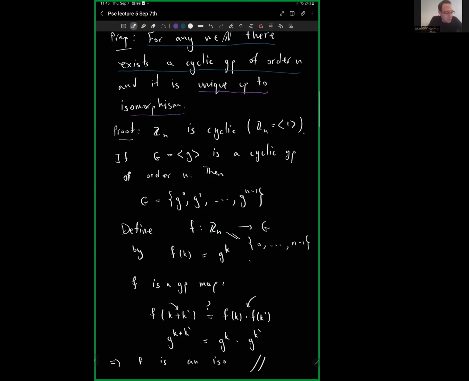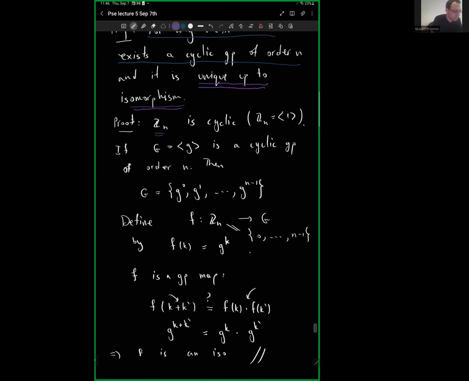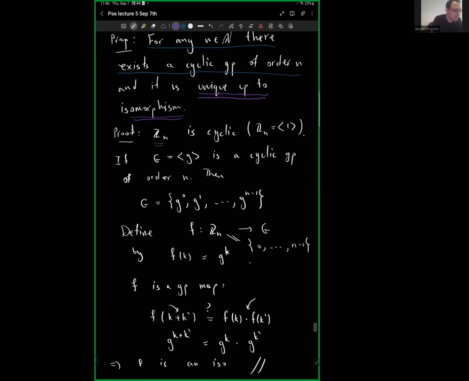Okay, and this is really the meaning of the purple part of the statement, that basically any group that is cyclic of order n must be isomorphic to integers modulo n. So up to isomorphism, there is only one cyclic group of order n, and this would be integers modulo n. Any questions about the proposition?